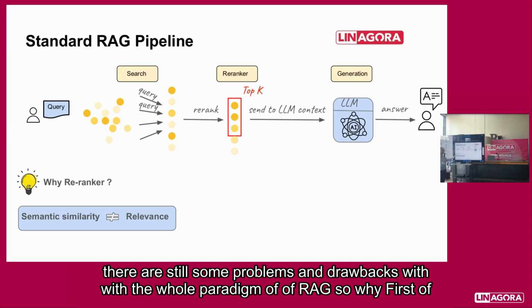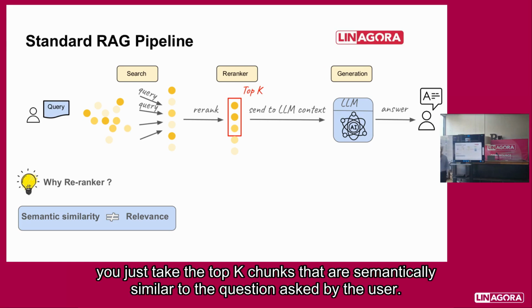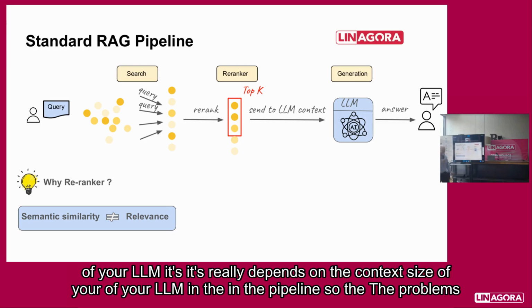Why? First of all, the problem is in the search and the re-ranking, because while doing the search, you just take the top K chunks that are semantically similar to the question asked by the user, and then you apply the re-ranker, and you also take the top K chunks, because you cannot put a lot into the context of your LLM.